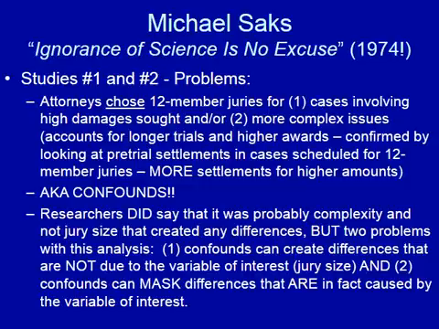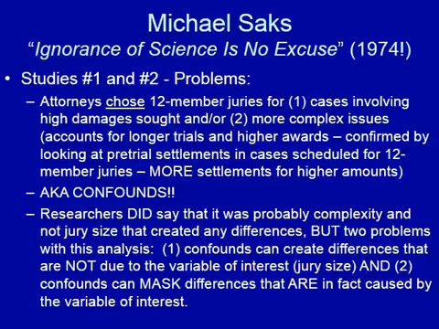There were more settlements as well for higher amounts. So again, this kind of thing in methodology lingo is called a confound. We went over that in class. So the researchers here figured out that it was probably complexity of the cases and not jury size that created any differences. But what is Sachs's additional criticism?